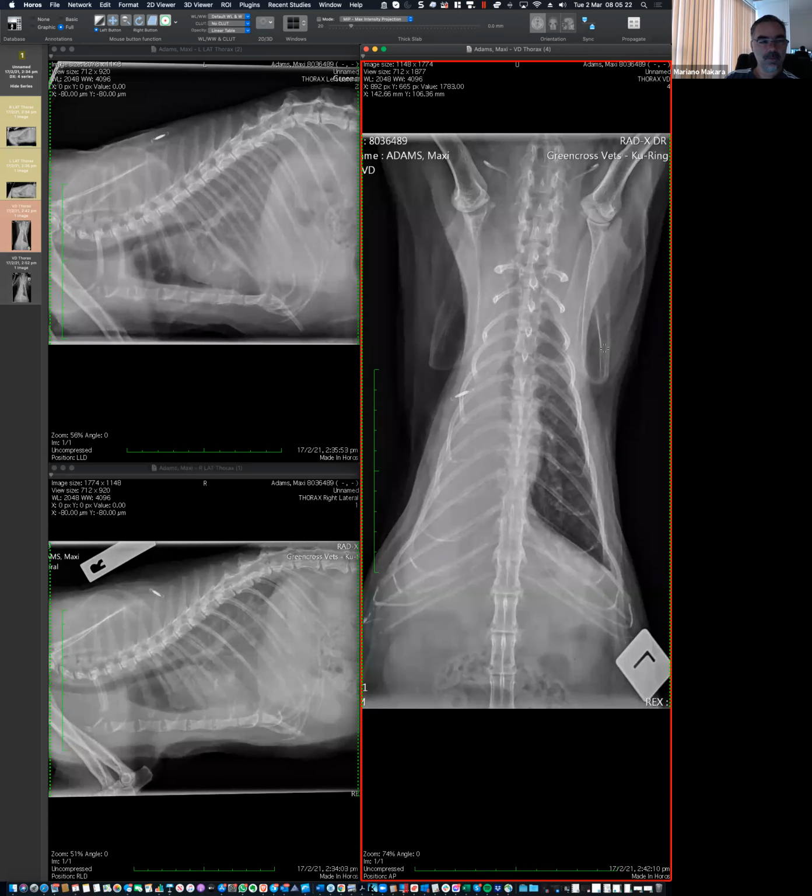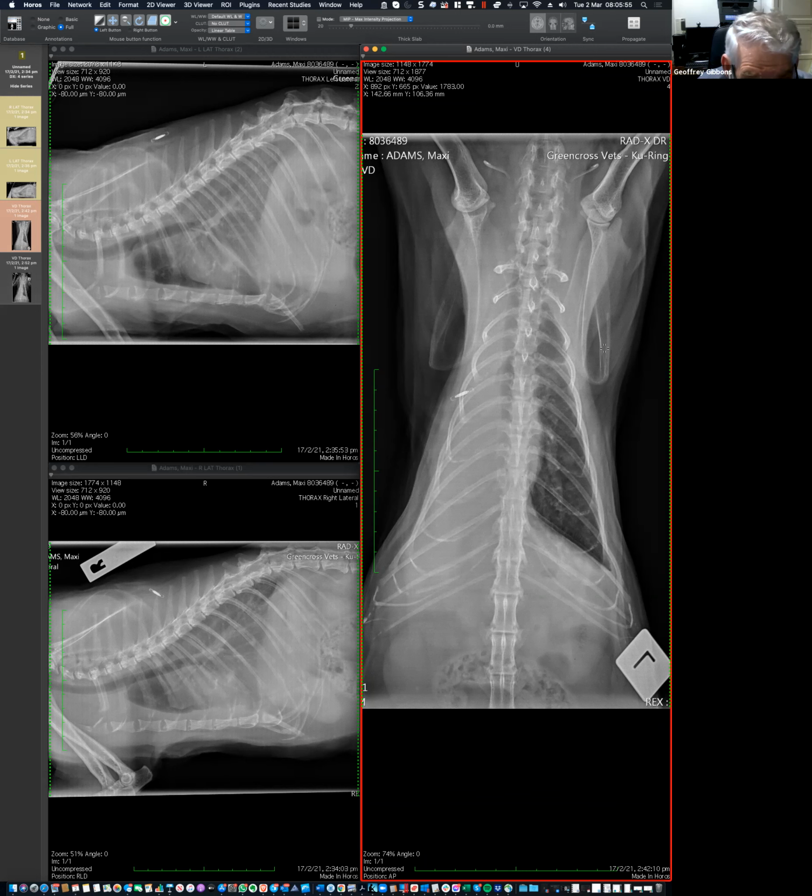Normal or abnormal? Abnormal. Well, the obvious thing is the right side of the thorax on the VD is quite radiodense, but the vascularity, might be imagining it perhaps, seems to me to be more obvious on the left lateral.